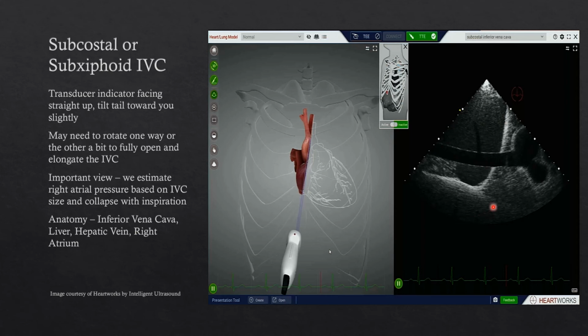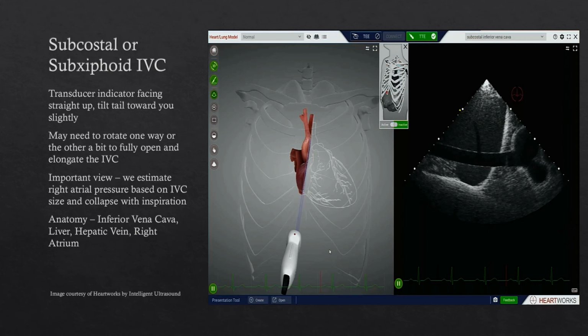So we base that on whether or not the IVC is normal size and whether or not it collapses upon inspiration. As we breathe in, our intrathoracic pressure changes, and this is a low pressure system. So with that change, this low pressure system should collapse briefly as we take a deep sniff in.